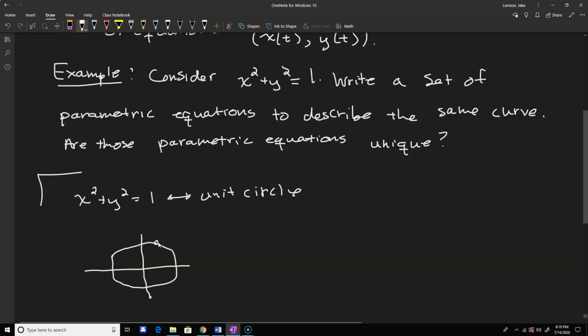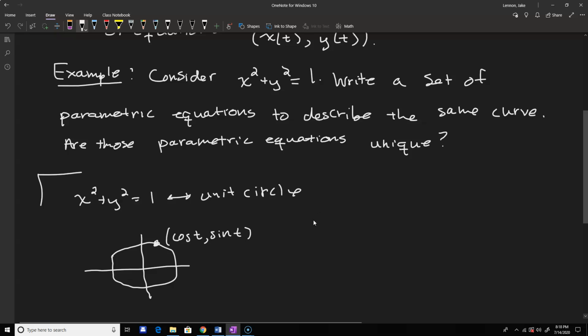Well, we know from trigonometry that any point on here can be described. You can describe the coordinates using cosine and sine. So that is exactly what our parametric equations are. So, right, we can use sine of t and cosine of t to describe this parametric relationship.